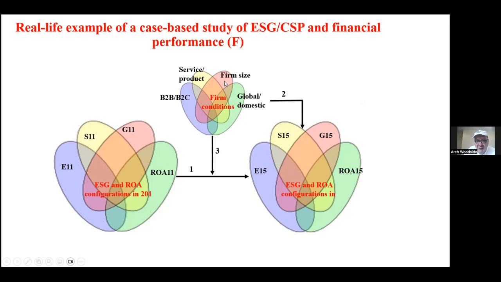And if you look at this, let's just say we divide the data up into 3 or 5 levels of firm size. Let's say 3 levels of firm size, global and domestic, and 2 service versus product, or both. So that's 3 levels of that. And then B2B and B2C, or both. So that's 3 times 3 times 3 times 2.